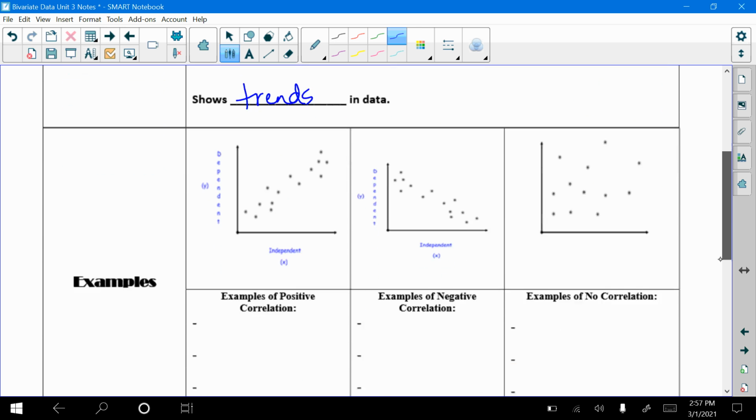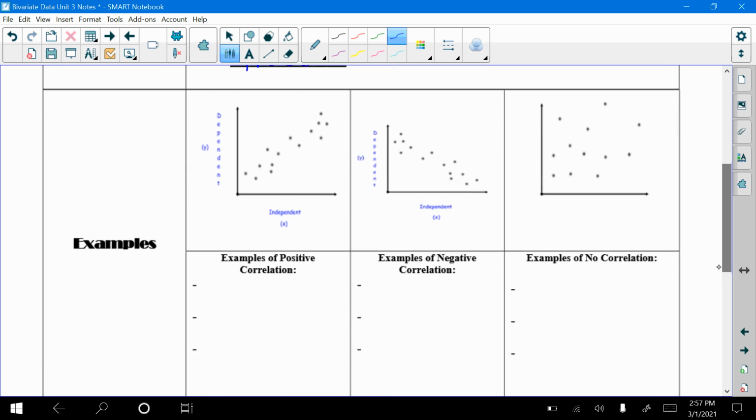As we look at this, the first part we're going to look at is this pattern that as the independent gets larger, the dependent also gets larger. So as x increases, y increases. This is positive.